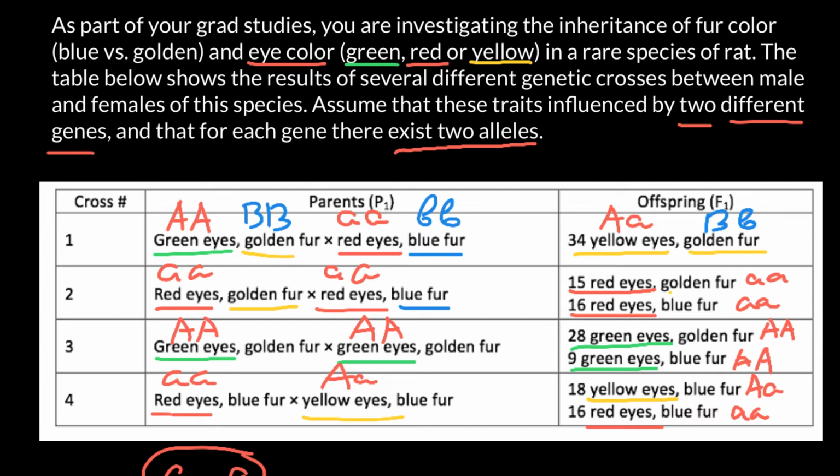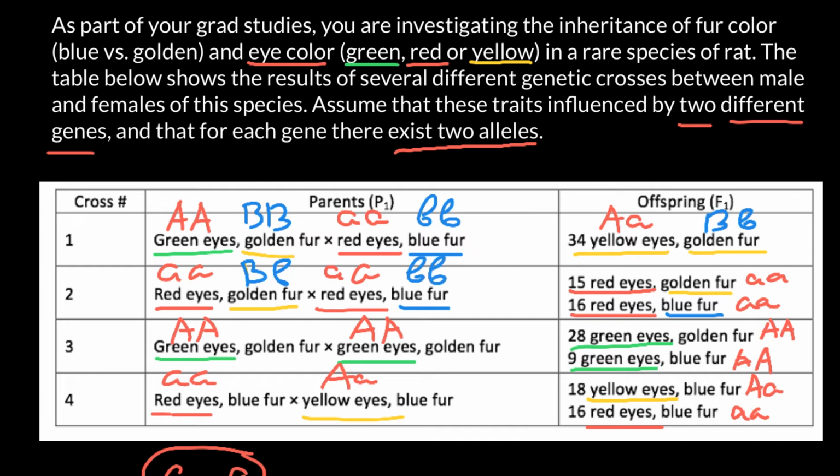Now let's see, we cross a parent with golden fur and one with blue fur, and we have a distribution of the trait: 50% has golden fur and 50% has blue fur. So golden fur has to be, in this case, heterozygous, capital B and small b, and blue fur still has to be homozygous recessive.